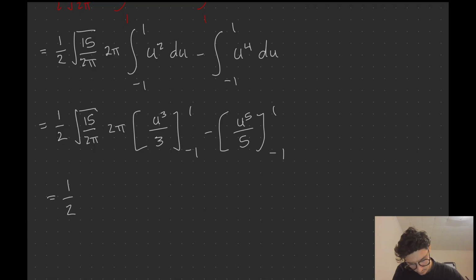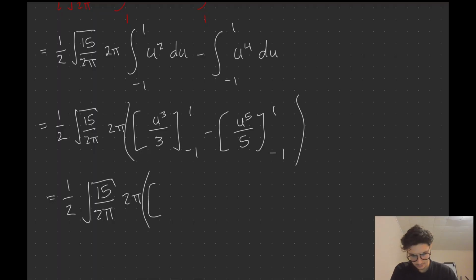We have 2 square root of 15, 2 pi. I'm honestly worried about these prefactors. But it's okay. This whole thing gets multiplied like this.